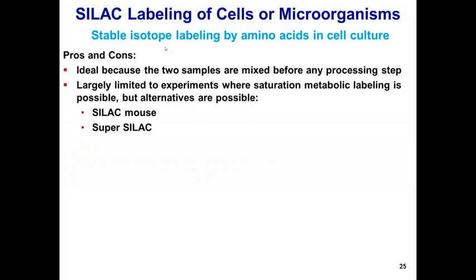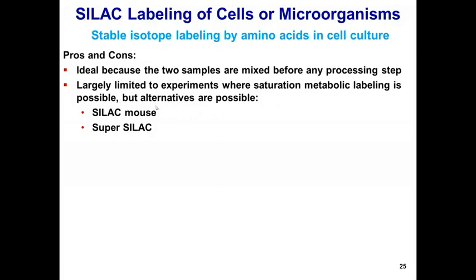The pros and cons include the fact that it's ideal because the 2 samples are mixed before any processing step, so it is insensitive to any variations that occur throughout the processing of the sample. It is, however, largely limited to experiments where saturation metabolic labeling is possible. These are usually cell cultures or growing microorganisms.